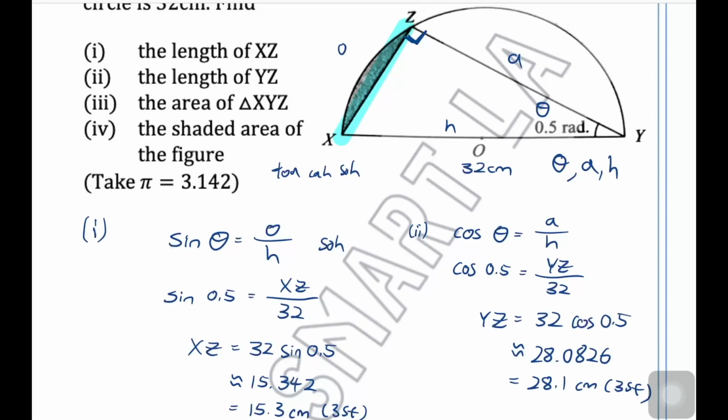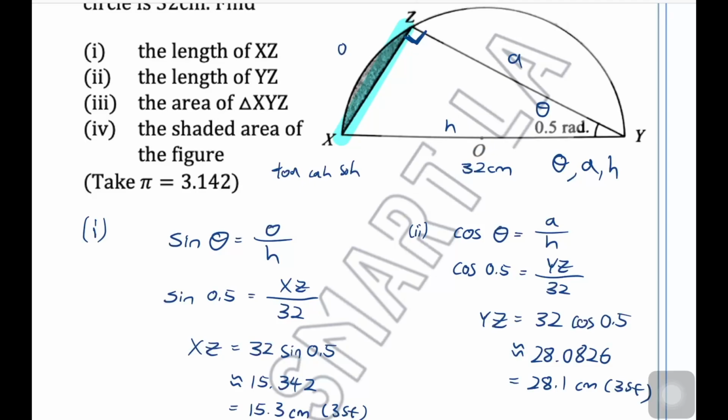So just a little technique to get a bit more marks in case you made a careless mistake in part one. Use back the hypotenuse because the hypotenuse is given to you in the question. So the length won't be wrong unless, instead of 32, you put in some other value. All right, so that's a little tactic that I want to mention here.